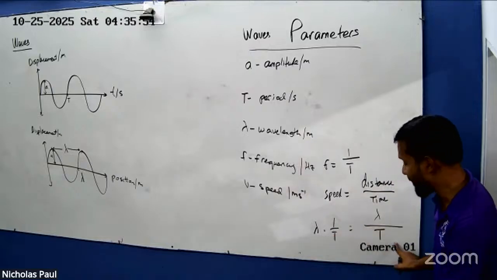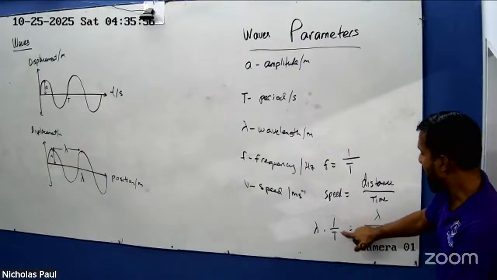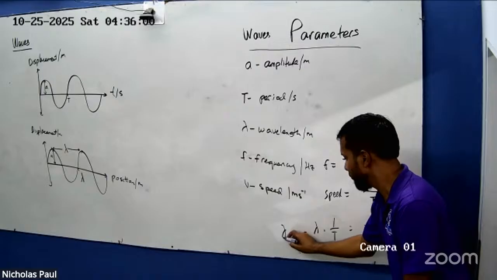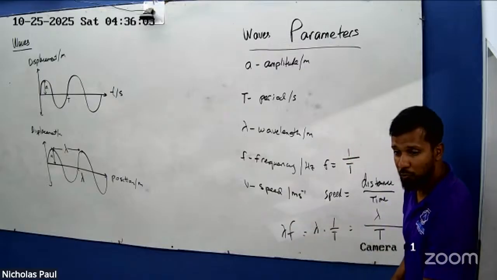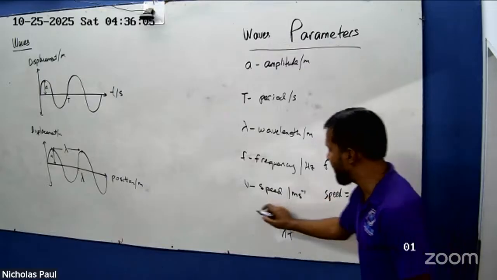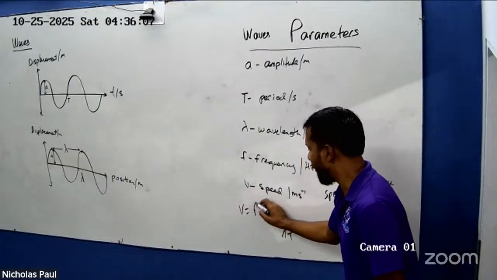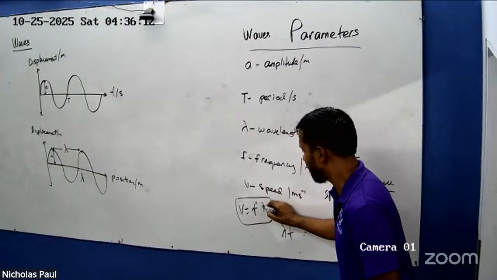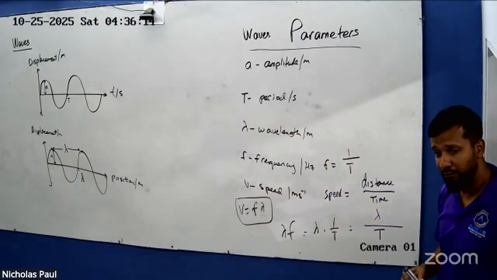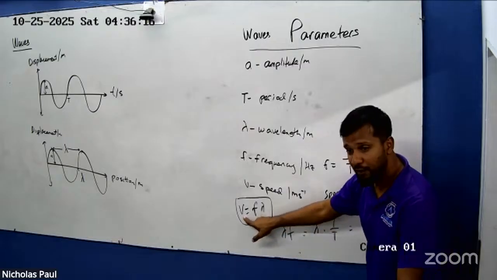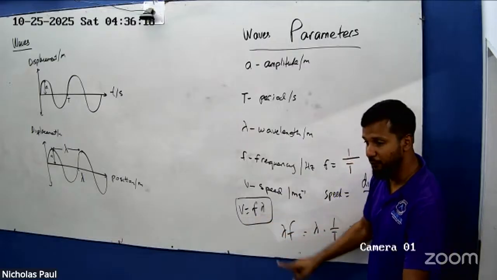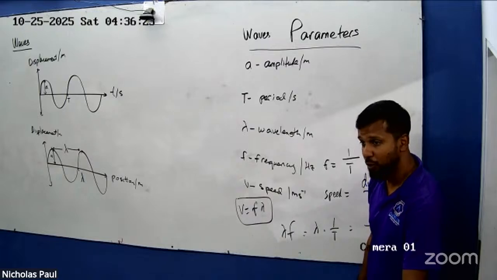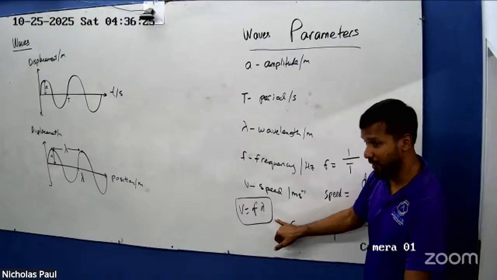And these two are the same thing? What is 1 on T? It means that the speed of a wave is the frequency of the wave times its wavelength. Okay? You okay with that?